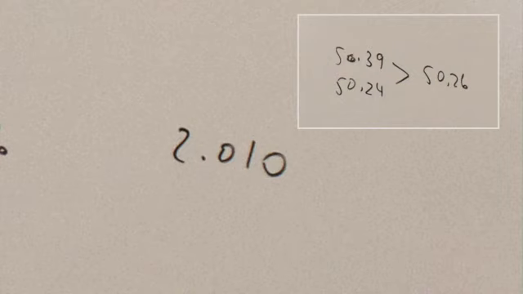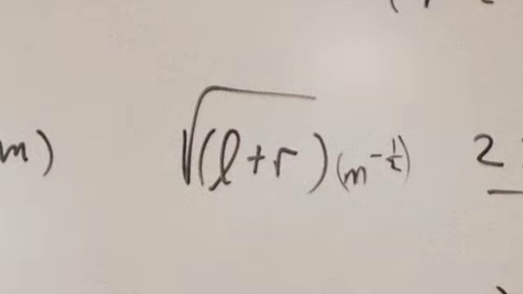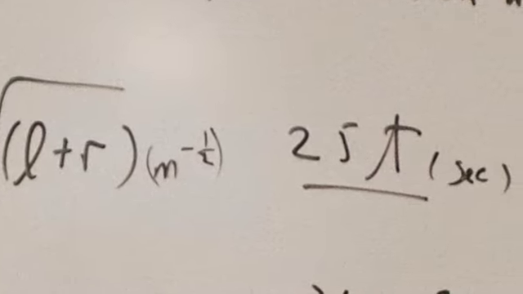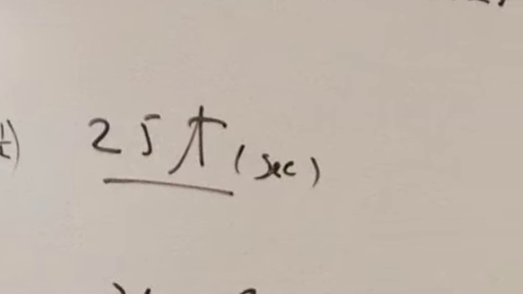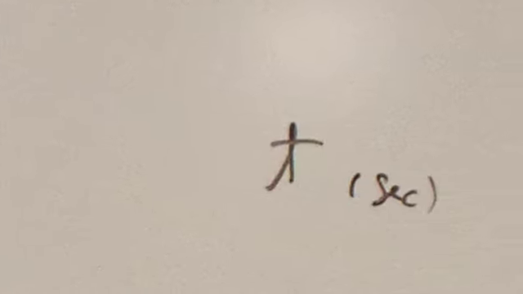That's why we've done it 25 times twice, to not just get an average, but to make sure you haven't miscounted. Okay, so length, square root of length plus radius, both in meters, a period of 25 seconds, averaged, and then divide by 25 to get seconds.